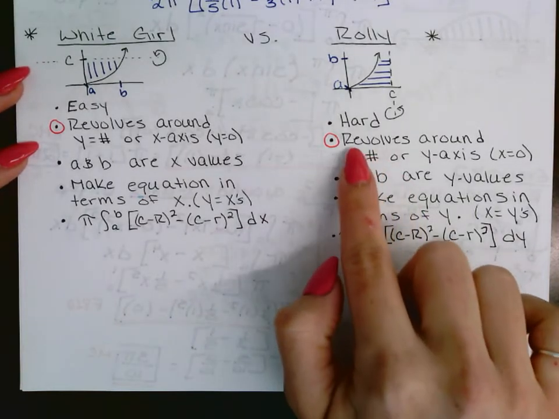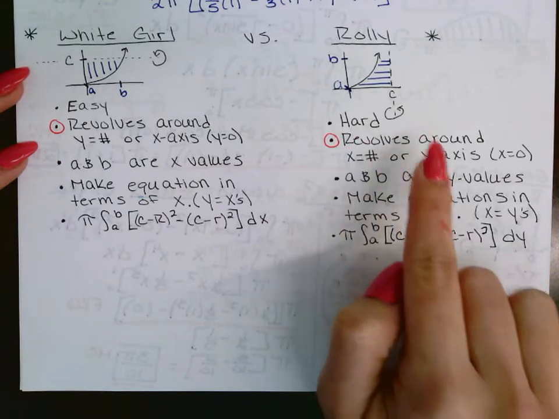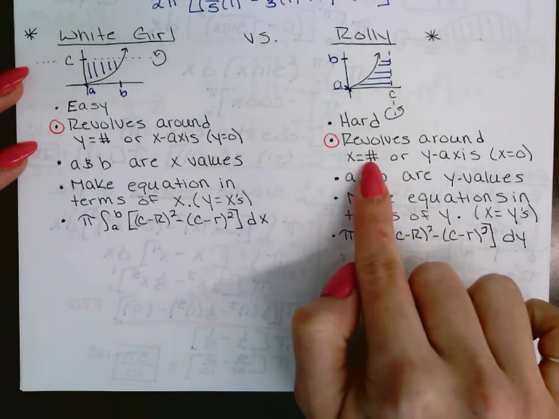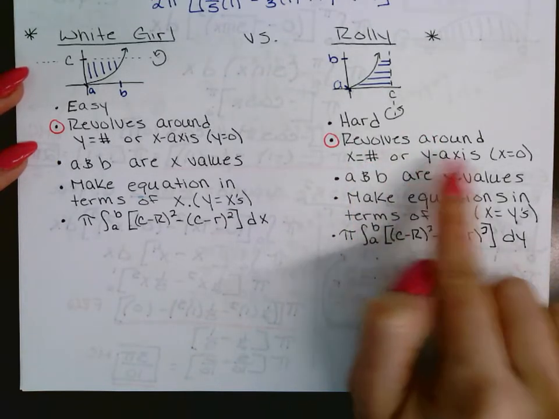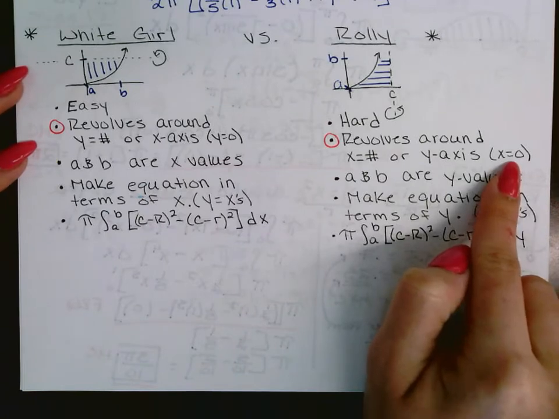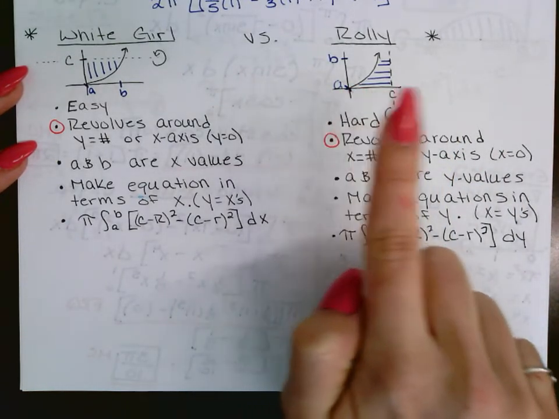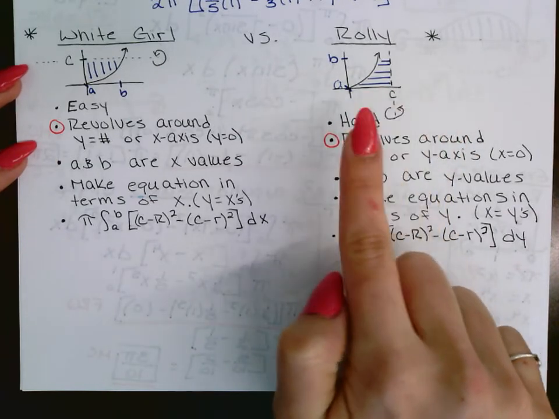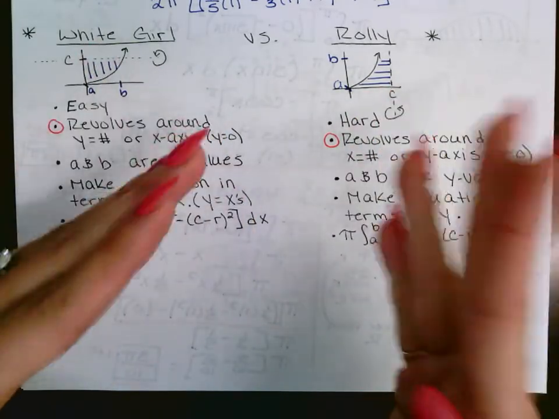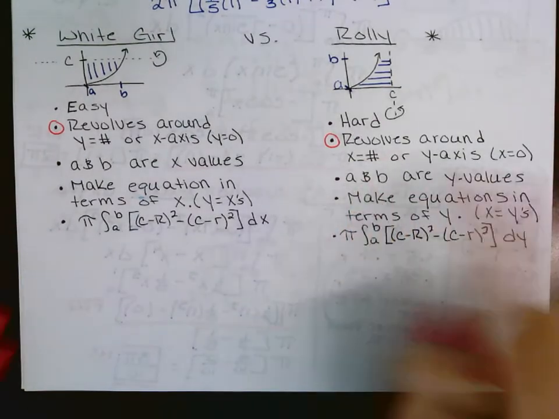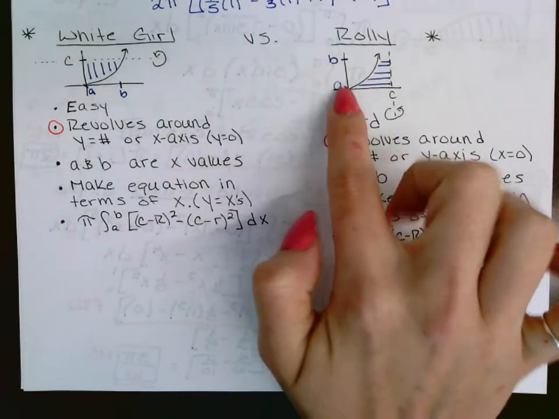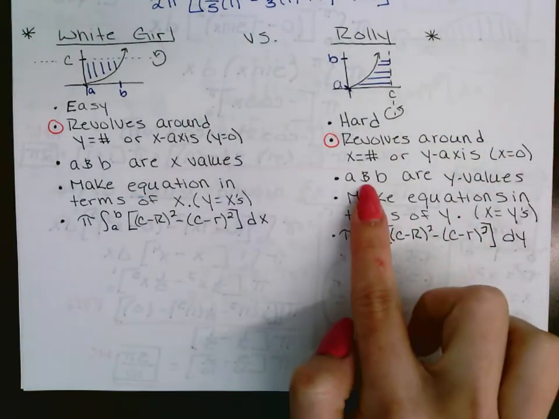Now, if they ever give you that it is revolving around x equals a number or the y-axis, because the y-axis is x equals 0, then your function starts rotating horizontally. These questions are definitely much more difficult. So we talked about the rolly dance where your hands kind of spin. These are more difficult because now when I solve for my a and b, they're going to be y values.